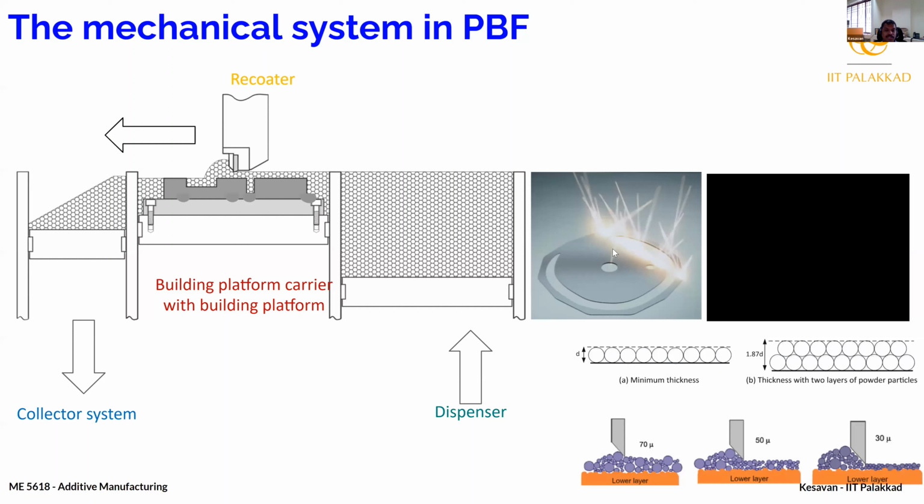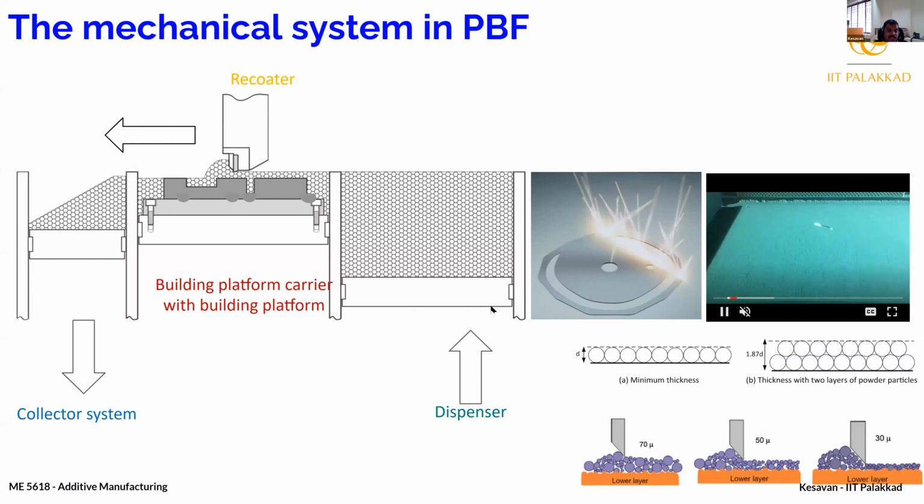You see the process in powder bed, it involves something like this. You have a dispenser on the right hand side and a collector on the left hand side, and the part is being printed on this platform. For every layer, the recoater, which is like a blade, brings the powder material from the dispenser to the platform and creates one layer. So this is your raw material basically, right?